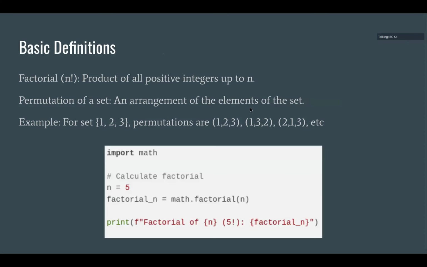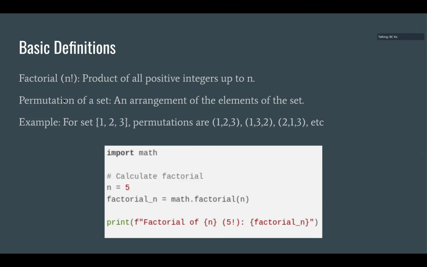Basic definitions. Let's start with some basic definitions. The factorial, denoted as n factorial, is the product of all positive integers up to n. So for example, 5 factorial is 5 times 4 times 3 times 2 times 1, which equals 120.